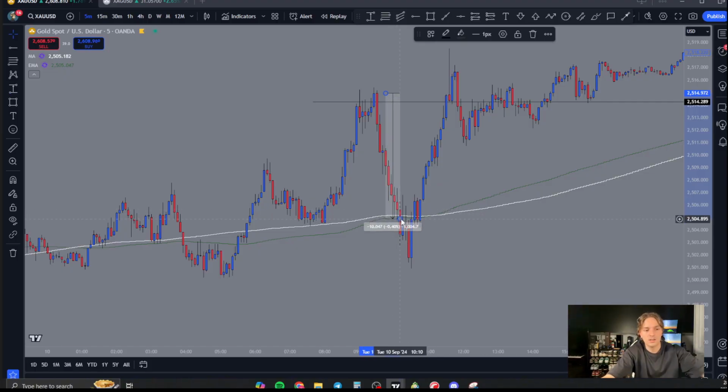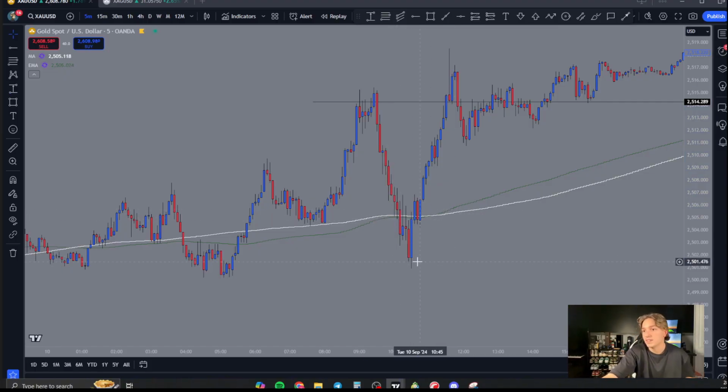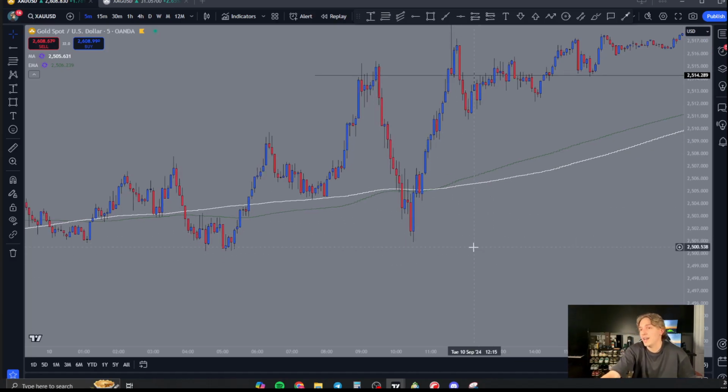And then I remember I took this buy, which will lead us to our next zone, which is the sniper entry. Okay, so these two trades were actually taken the same day.